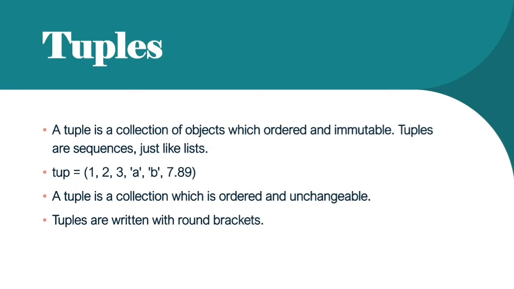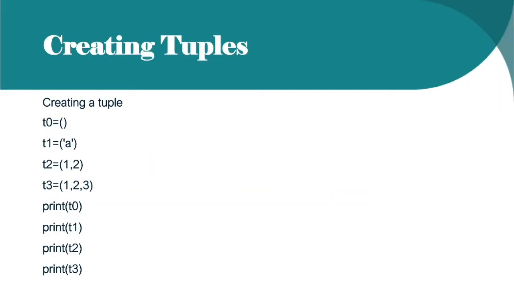Now, in order to understand what tuples are, how the functions on them work, and how everything goes on, first of all we need to know how we can create tuples. So the first thing is creating a tuple. This slide shows a very simple and basic way of creating a tuple. Here I have created 4 tuples with the names T0, T1, T2 and T3.